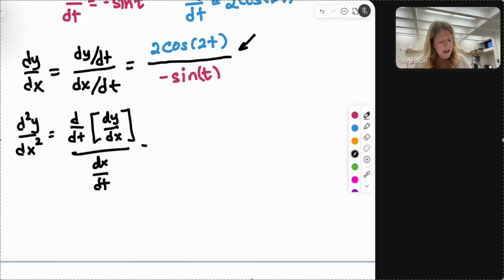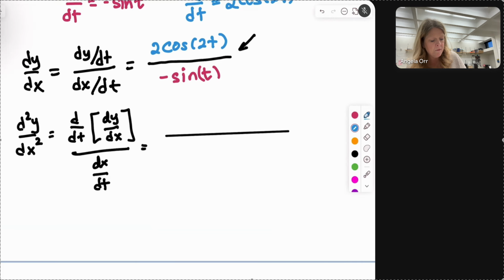Since my first derivative has a quotient of two functions, I need to apply the quotient rule. So I'm going to first just put a division symbol here, and I am going to take the derivative of the top function.